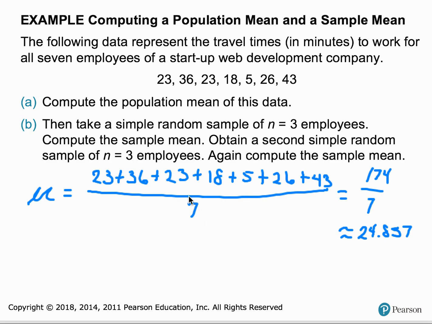Okay, so now B says to take a simple random sample of size 3 employees and compute the sample mean. Obtain a second simple random sample of size 3 and again compute the sample mean. So let's try to keep this straight here. We're going to do this on our calculator.